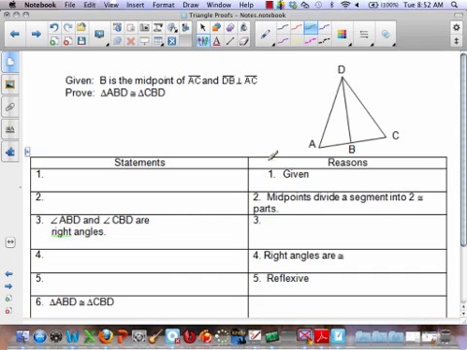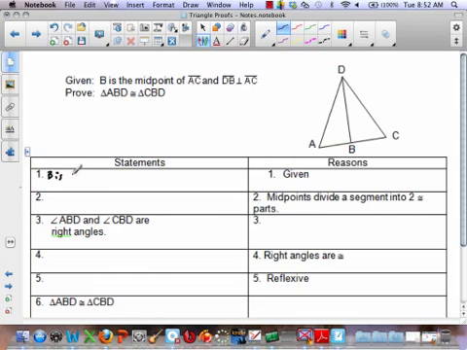So, again, think about the given information. B is the midpoint of AC, and DB is perpendicular to AC. So, let's basically just copy that information, put it in the first line, and that's our given.